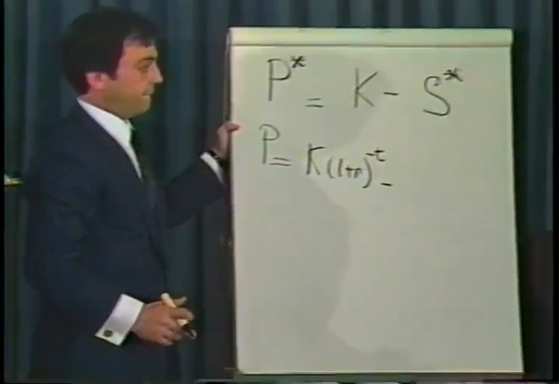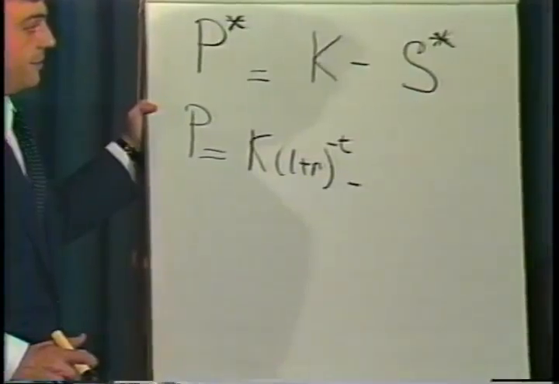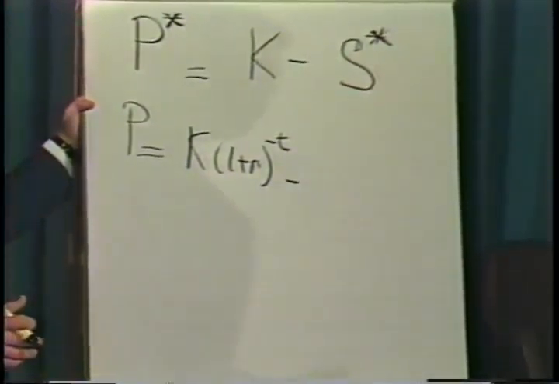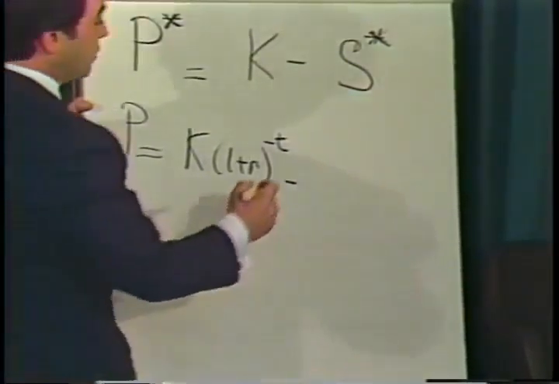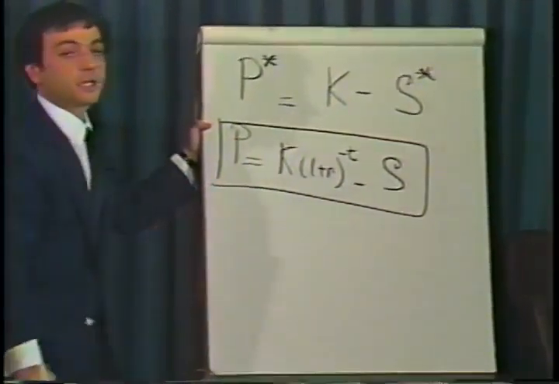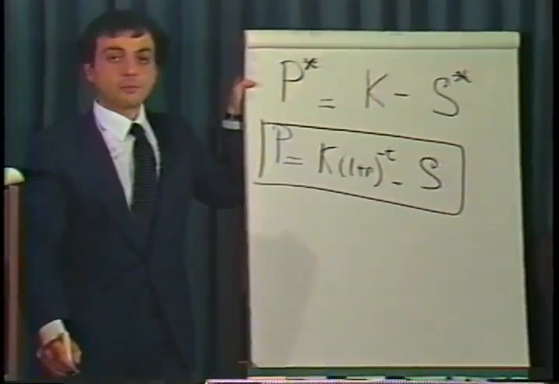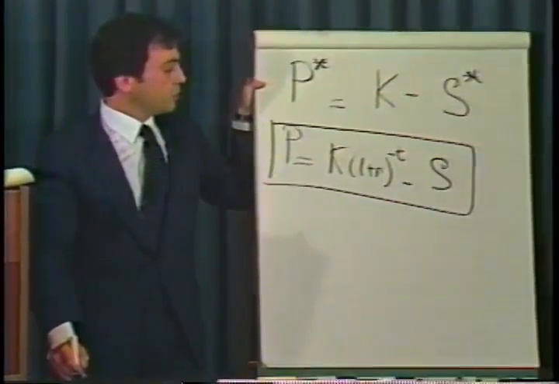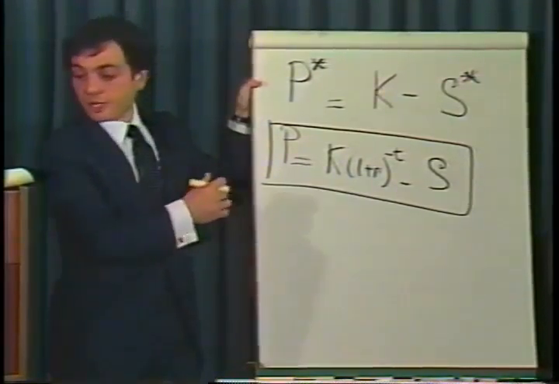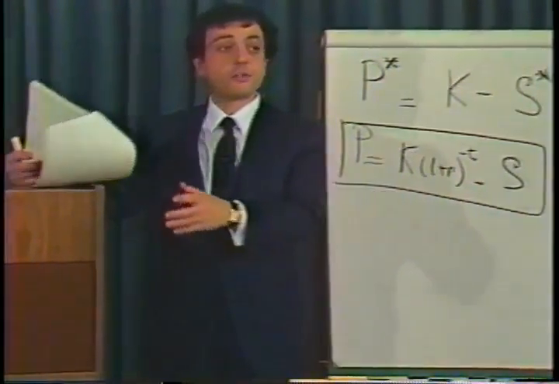S star times 1 plus R to the minus T, where S star is S times 1 plus R to the T. And therefore, the 1 plus R to the T and the 1 plus R to the minus T cancel. We just have S here. We first looked at the put value at maturity in a deterministic world, and we discounted that to the present, and this is the put value at time before maturity in a deterministic world.